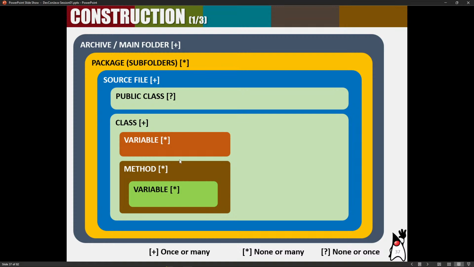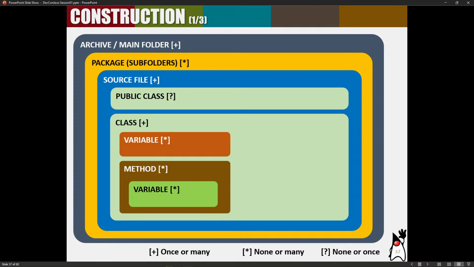Within a class there can be variables and methods. If you notice, there are two variables here: one is a variable in the class, another is a variable in the method. The class variable and method, this orange and brown, we call a member variable and member method.